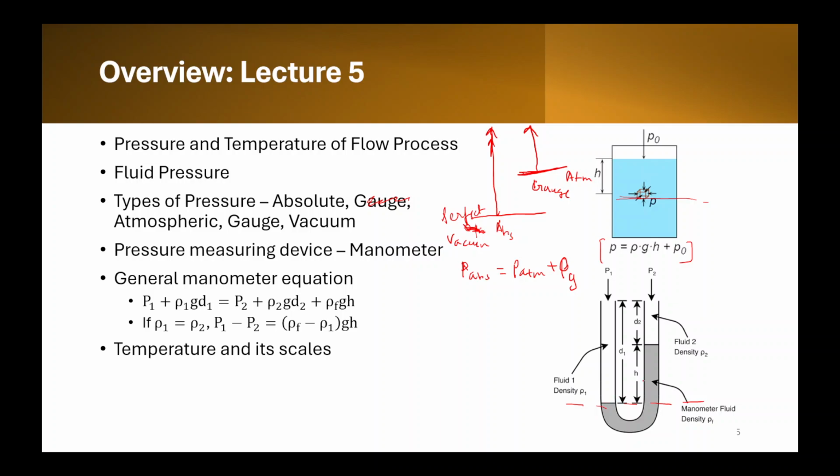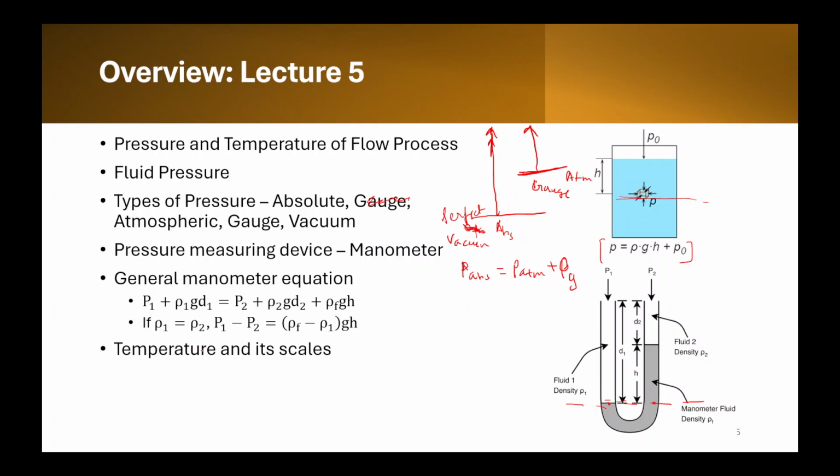This level is lower than the other manometer fluid level, so we take this as the reference line. And we say that the pressure at this point will be equal to the pressure at this point, from the hydrostatic pressure definition given here. At this height, everywhere P will be rho g h plus P naught.